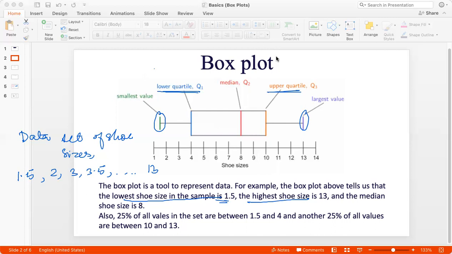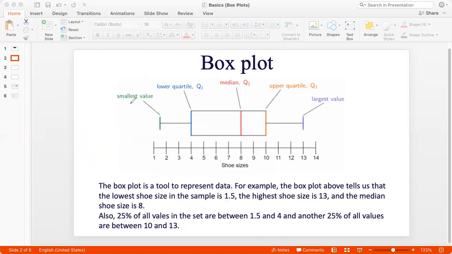So for example, let's say my data set is given by 1.5, 4, 5, rather let's say 7, okay, then 9, and let's say 10, and 12, and 13.